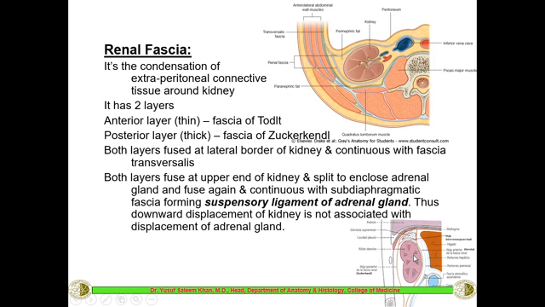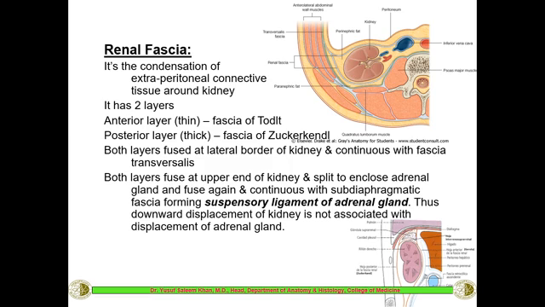So the kidney and the suprarenal gland will be separated, but still the suprarenal gland will stay in its position because of this ligament. That's why it is called not the suspensory ligament of the kidney, but the suspensory ligament of the suprarenal gland, because it mainly holds the suprarenal gland in its position, even though it covers the kidney. Sometimes the kidney might be much lower down, which indicates that the kidney has ascended upwards, but the suprarenal gland has developed in the position where it is finally seen.